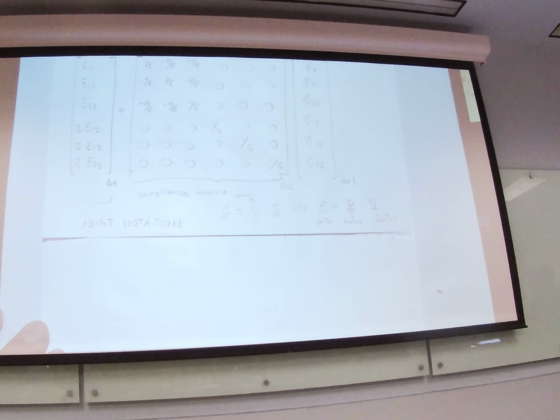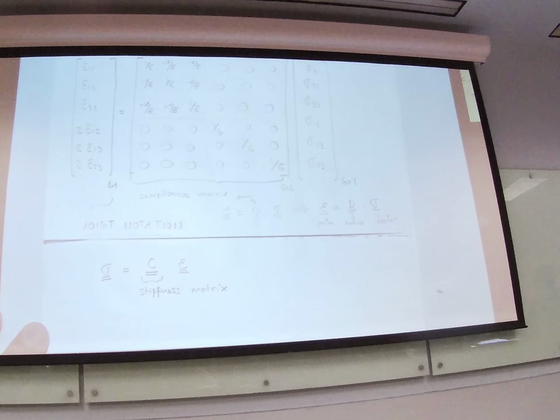The inverse of this relationship would be to express stress as a function of strains. And in this case, this one is called the stiffness matrix. How am I going to get C? If I know what D is, how would you get C out of here?